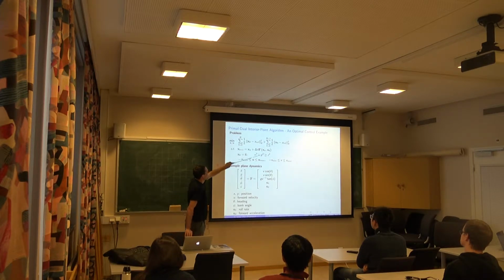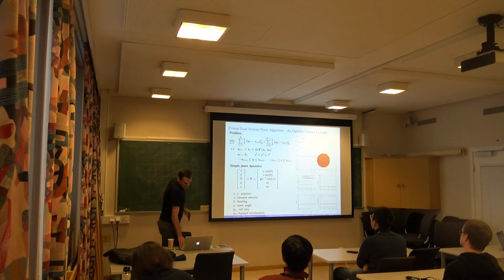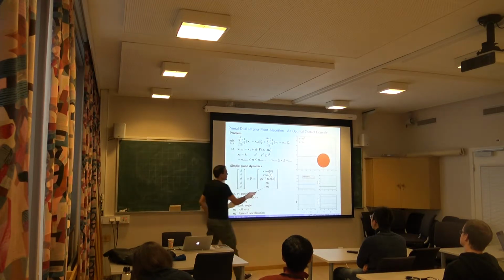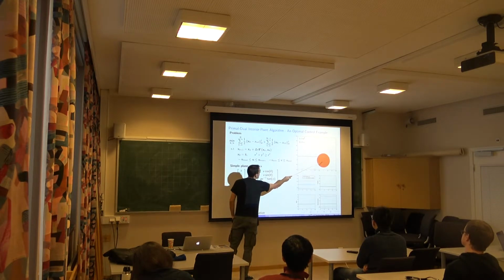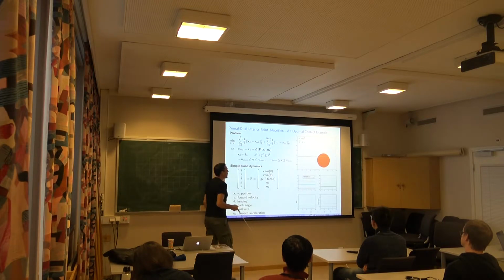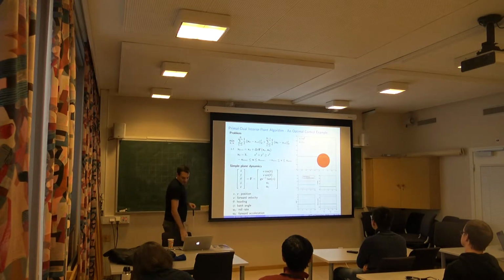And then I had this extra constraint, which was creating an obstacle for the plane to avoid, this red thing here. So you could think about how to avoid some obstacle, maybe with some backup for safety.